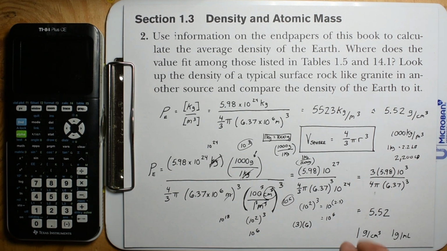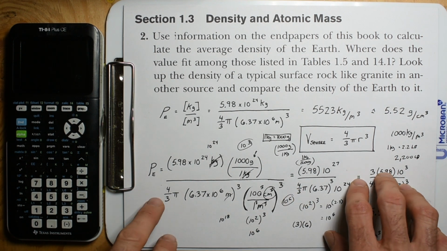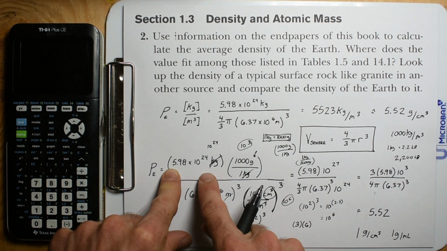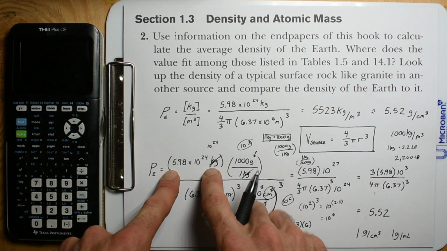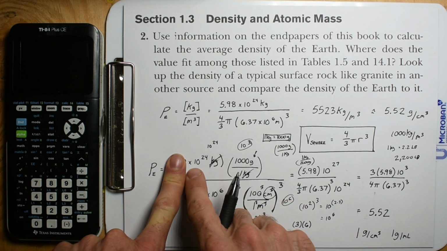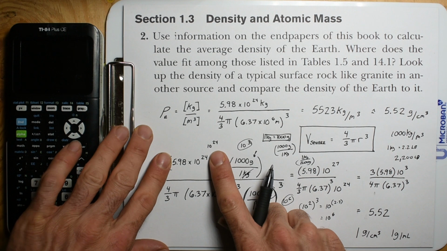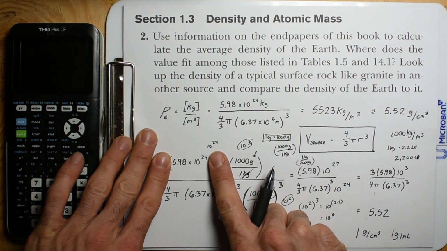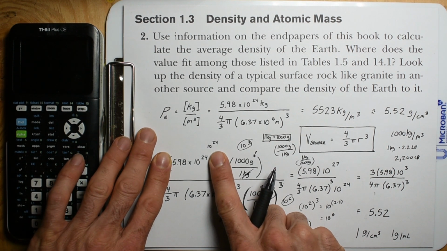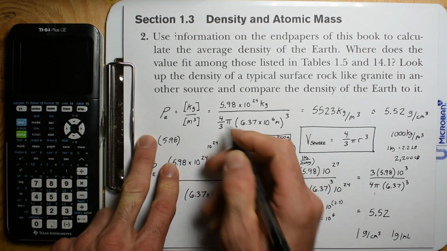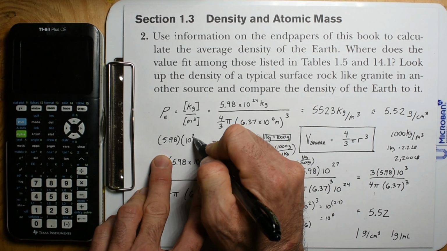I guess I'll end by going over what I did here. The other thing that you're going to run into is numbers where you have the number times 10 to the 24. For whatever reason, you might think that this is just one number, but it's not. It's the same thing as saying a parenthesis 5.98, and now another parenthesis 10 to the 24.